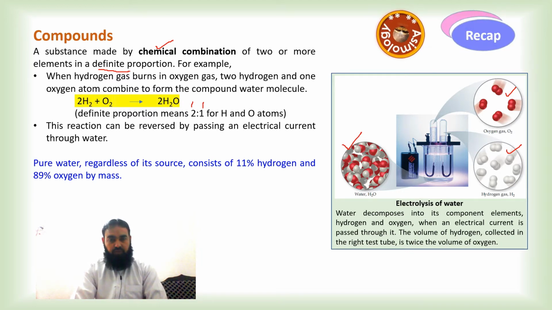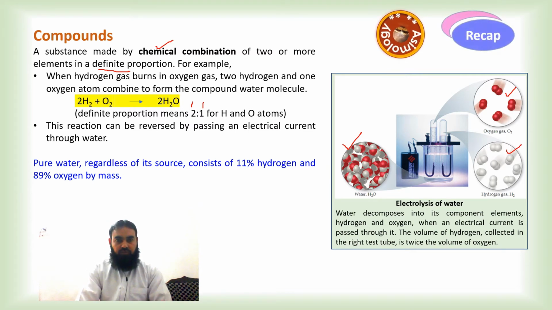So there is a fixed proportion, that is the ratio of two hydrogen to one oxygen in the water molecule, and it has two elements, the atoms of hydrogen and oxygen that are attached to each other through some chemical bonds, chemical forces.